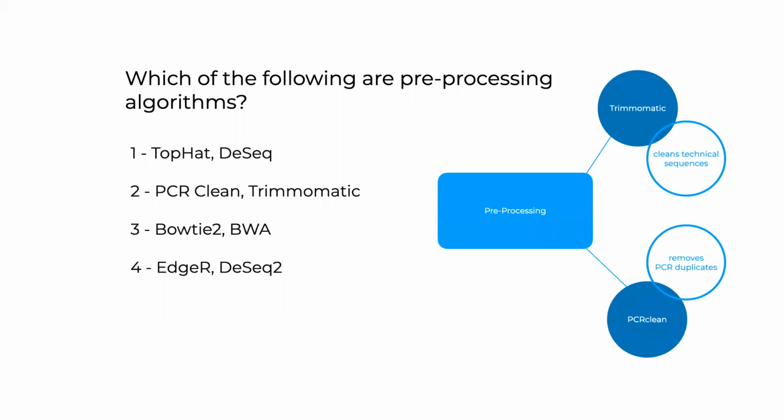All right, excellent. So what do these actually do? You guys are all right. Trimmomatic cleans technical sequences, PCR clean removes PCR duplicates. So I see that all of you got that part correct.